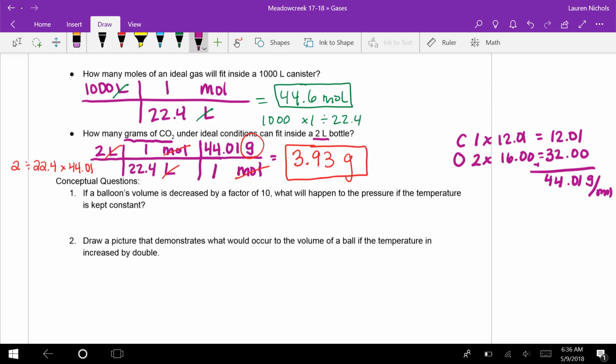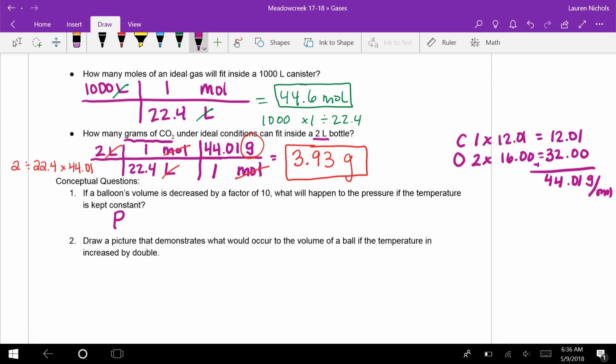Well, let's think back to any of the demos that we saw, like what happens to a marshmallow when it's inside a syringe. Or if you just recall from your gas laws, pressure and volume are inversely proportional.